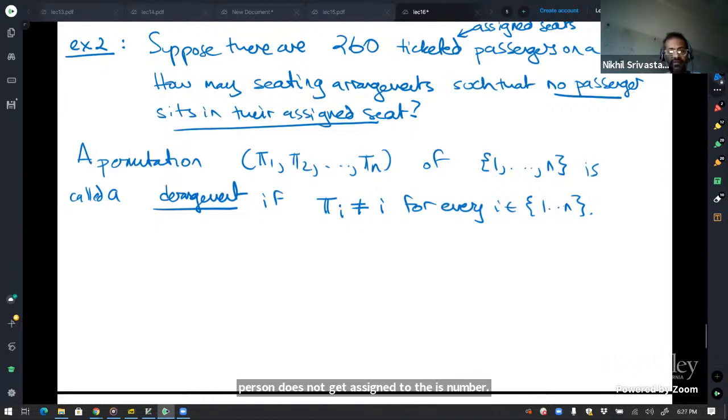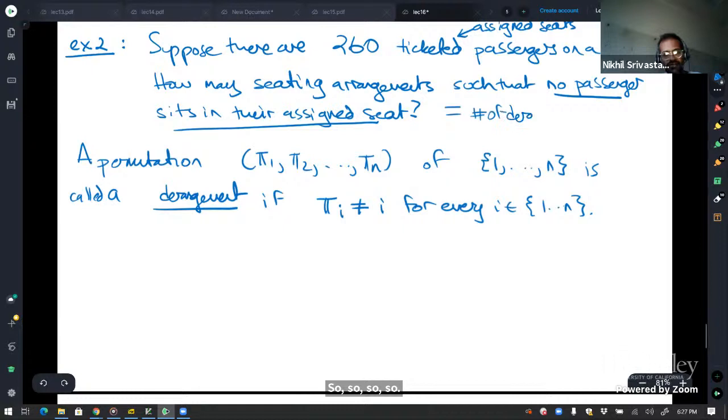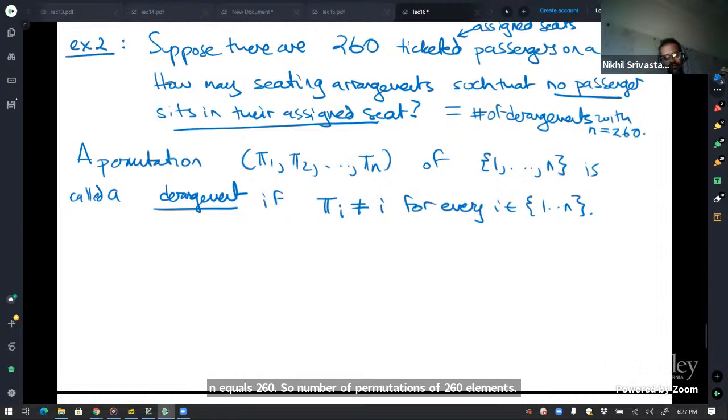So this quantity is equal to the number of derangements with n equals 260. It's the number of permutations of 260 elements such that no element gets mapped to itself. Okay, so we're going to use inclusion-exclusion to count this.